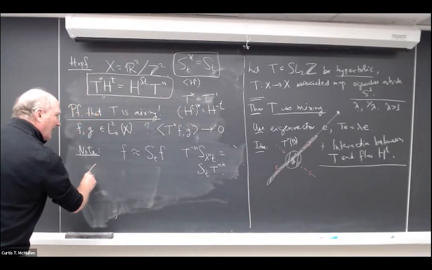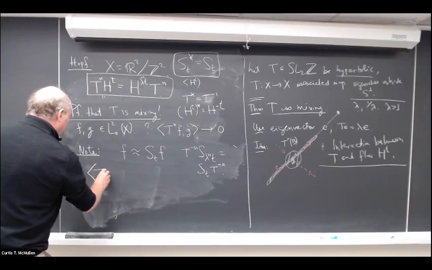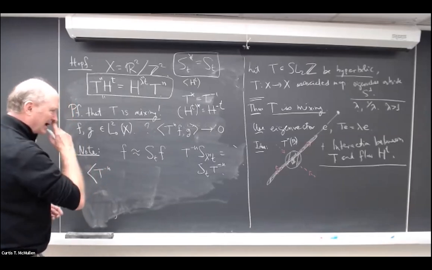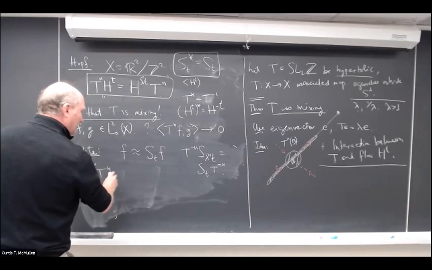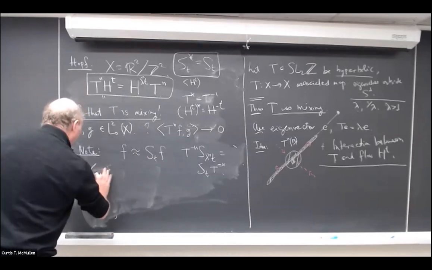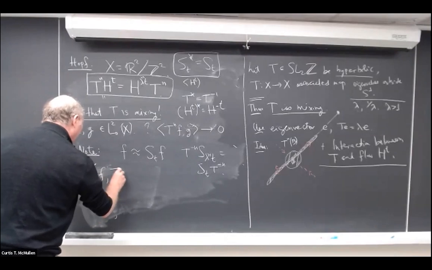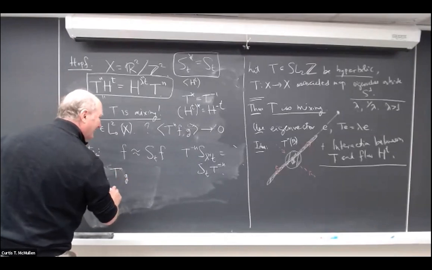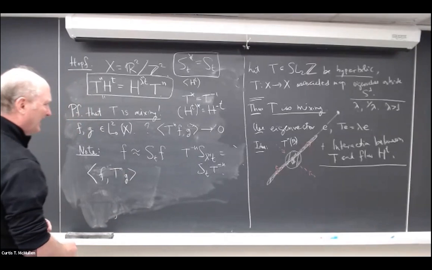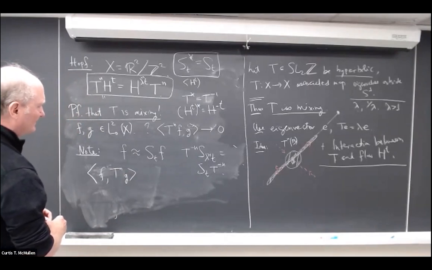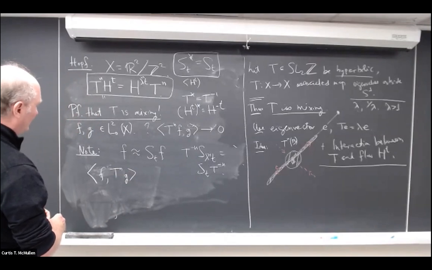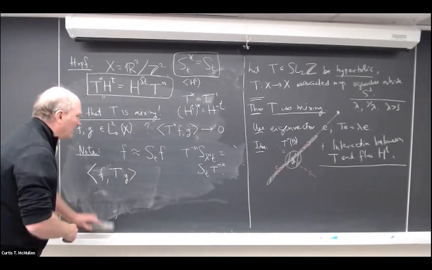So what we find is that T to the minus n, yeah, right. I'm still getting things backwards.